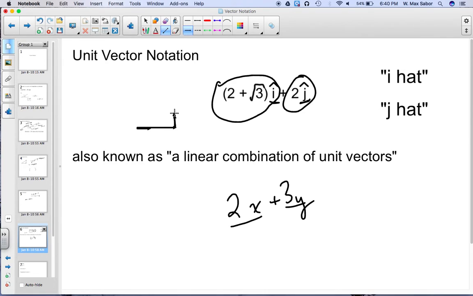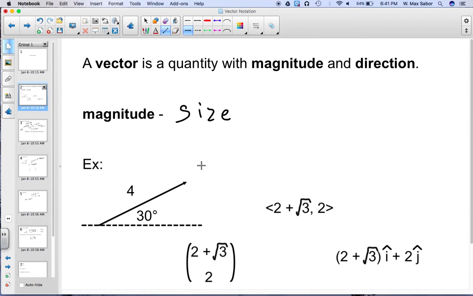It's being multiplied by 2 to determine what we need to go in the y component. And then those get added up to become the overall vector. So 4 different ways of representing them. Directed line segment, component form, matrix form, and a combination of unit vectors.